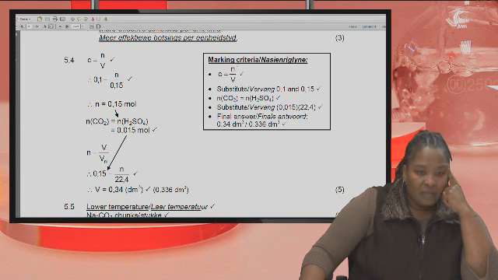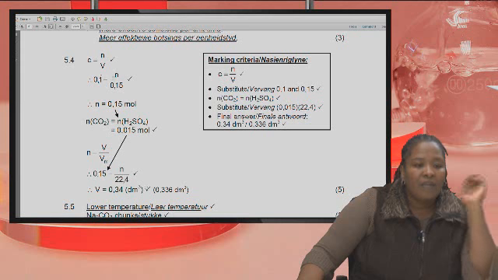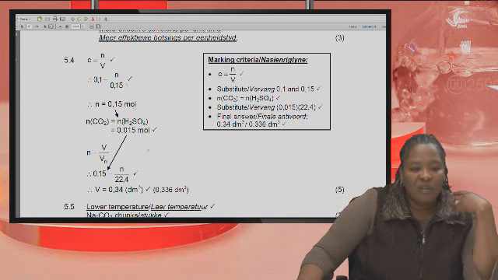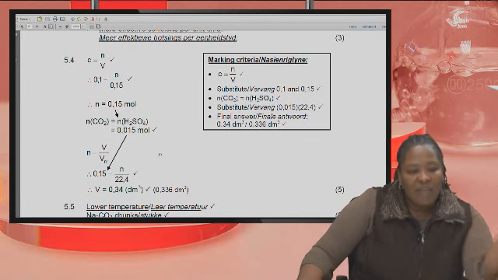The marking criteria says the final answer is 0.34. In other words, if the answer is not 0.34, that mark the learner already loses. If there's a mistake somewhere in the calculation, it means the learner may not get full marks.